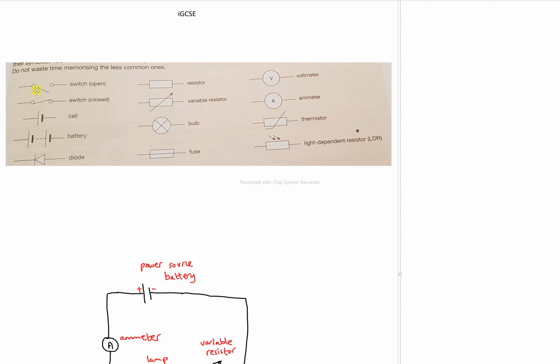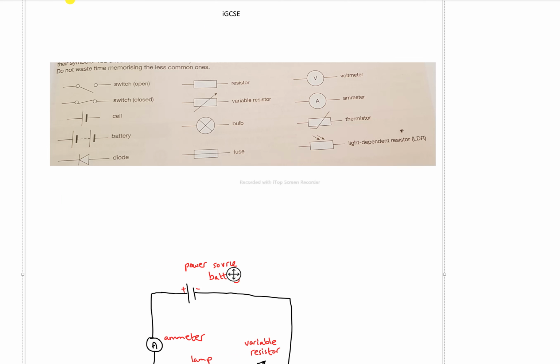If you look at this one here, it's an open switch, so it looks something like this. You can have it like this as well. There's the open switch, there's a circuit, and when this comes down, you draw it like this. You can draw it across like this. That's a closed switch, the closed circuit.